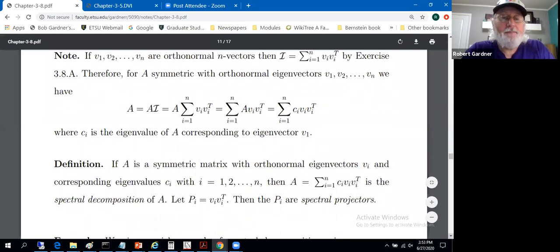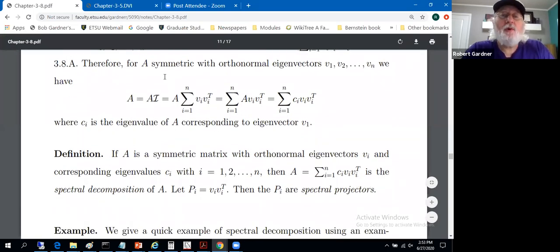And that's got a name. We did require symmetry of the matrix to make sure we had the orthonormal vectors, so that the identity could be represented as this summation. So this is a property strictly for symmetric matrices.